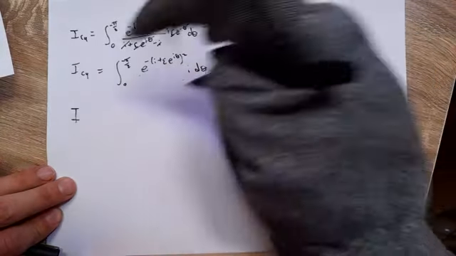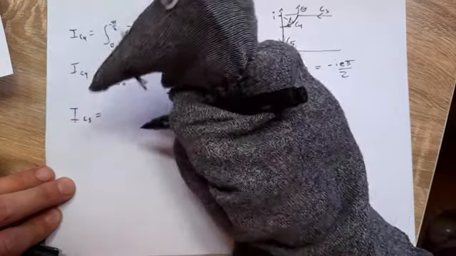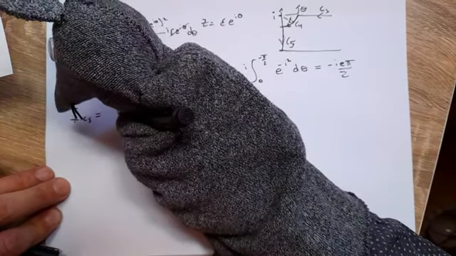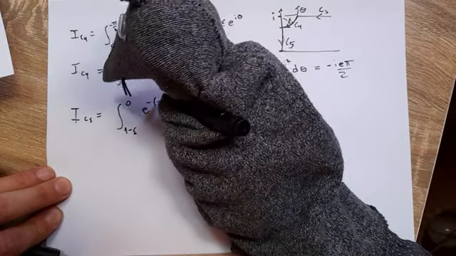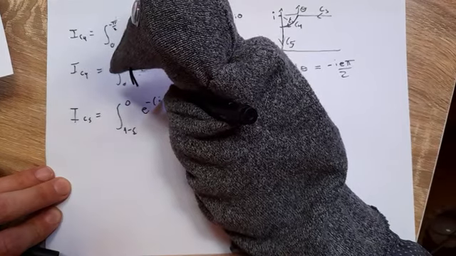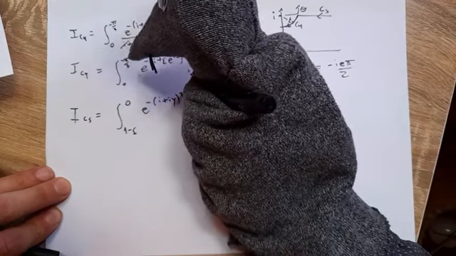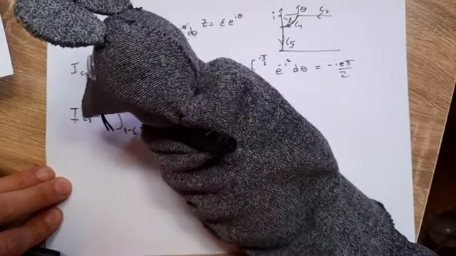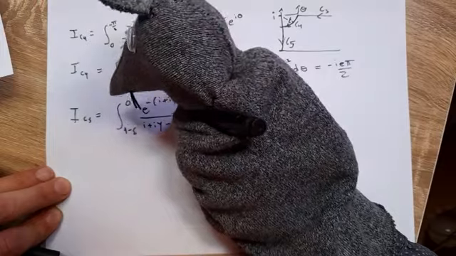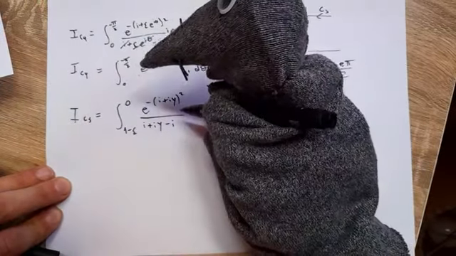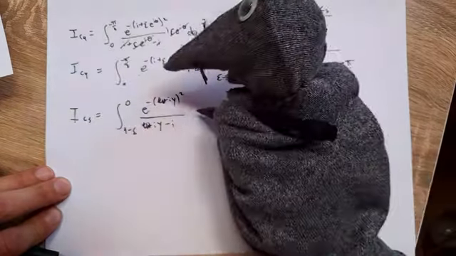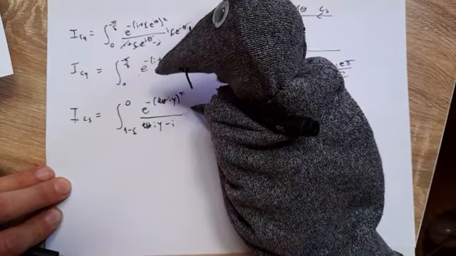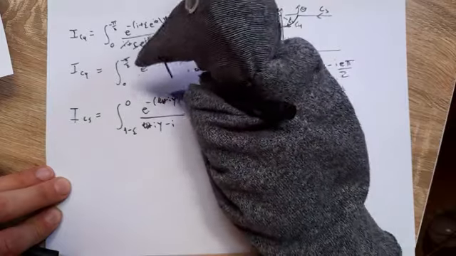So I on C5 equals, then we take again a real parameter that goes from 1 minus epsilon down to 0, e to the minus I plus iy squared over I plus iy minus I. Oh, sorry, not plus I, it's just over the imaginary axis, times the I dy, the derivative of this parametrization.